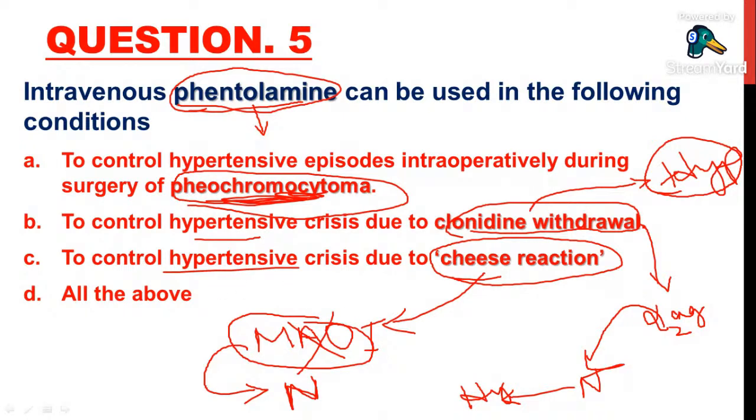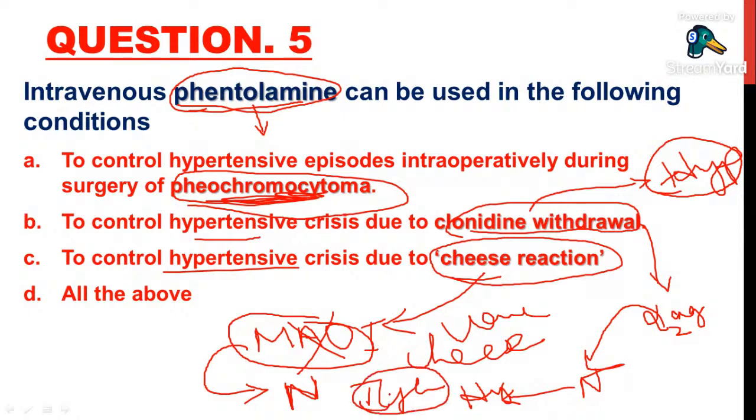When MAO inhibitors are given, along with that, if the patient takes cheese, or wine, or a diet which contains a lot of tyramine, this tyramine will directly act like noradrenaline, the tyramine activity will be increased, and it will show all noradrenaline actions.